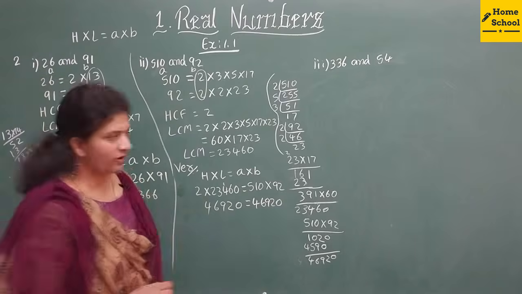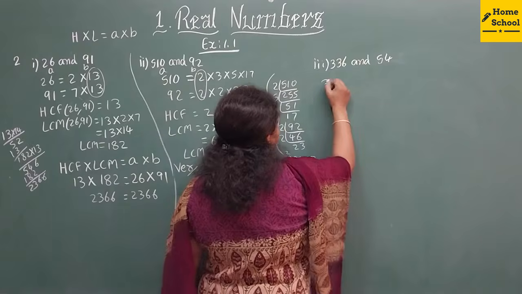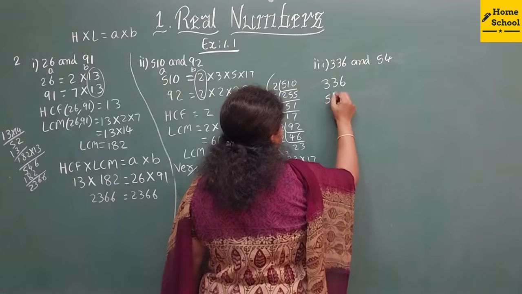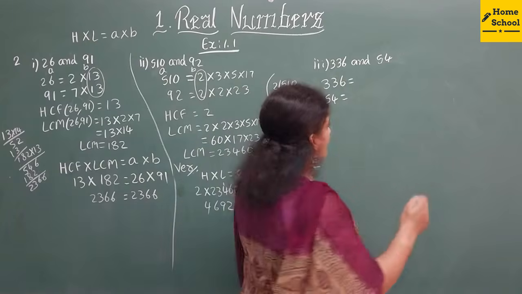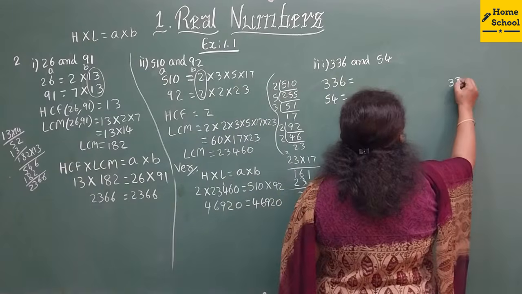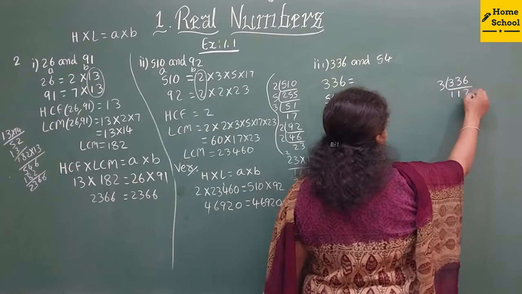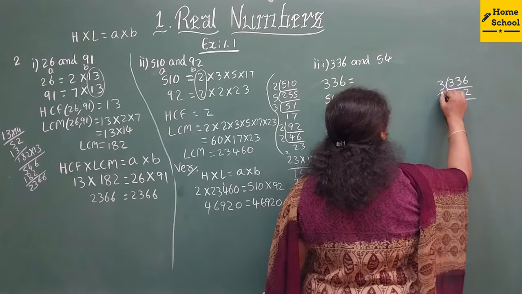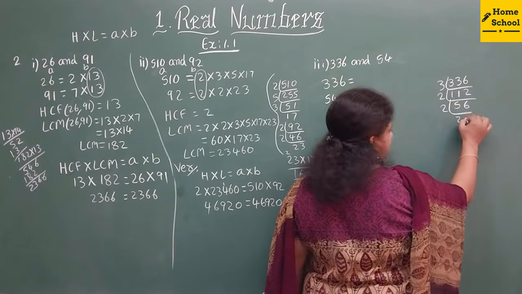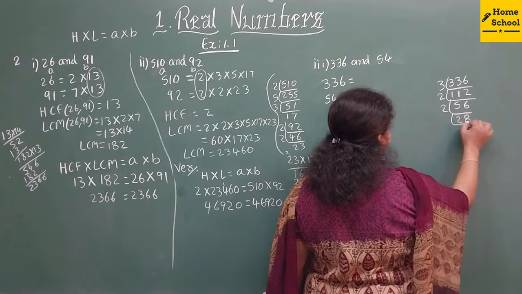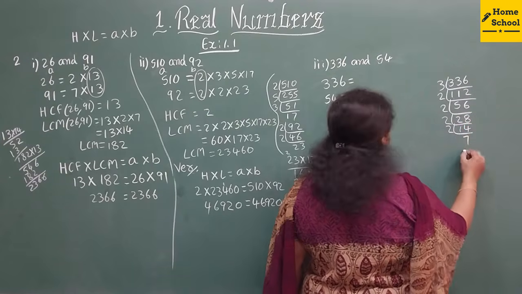Let's see the third problem. 336 and 54. Now write in the form of product of primes here. Do LCM. 336: 2 3s, 2 2s, and again here 2 5s are 10, 2 6s are 12, 2 2s are 4, 2 8s are 16, 2 14s are 2 7s are.